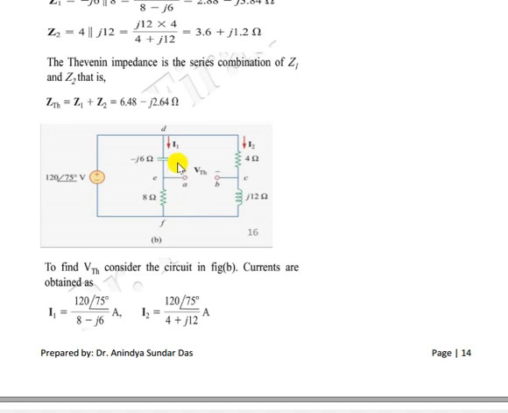So I1 will be equal to what? This voltage source divided by 8 minus J6. And I2 is the voltage source divided by 4 plus Z12. So this is one loop and this is another loop.